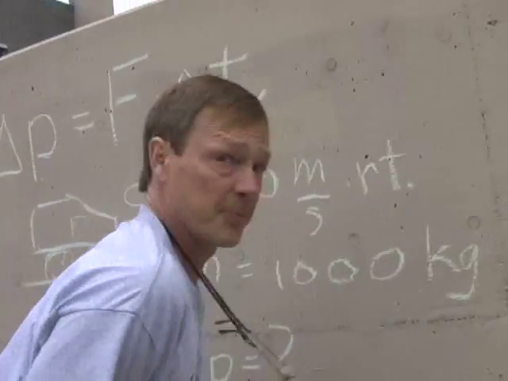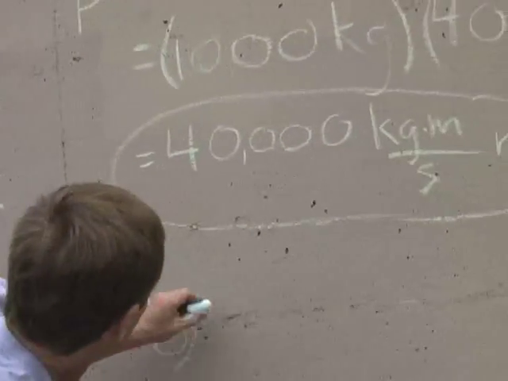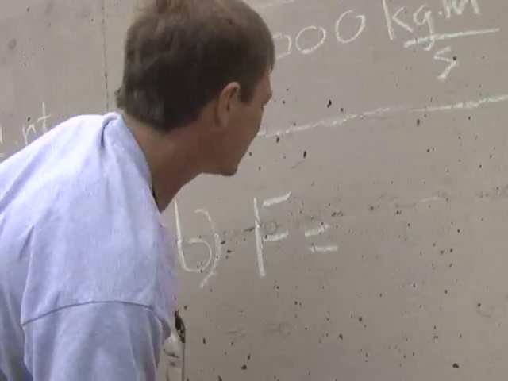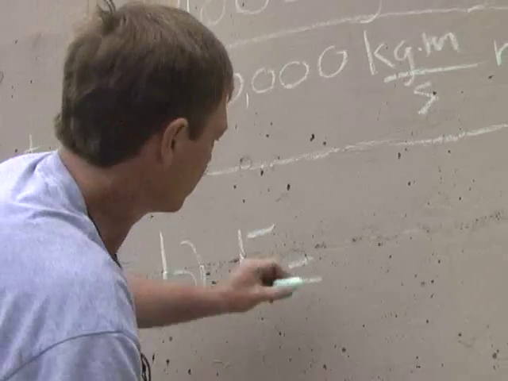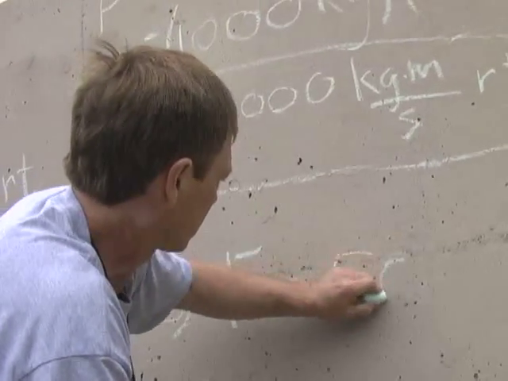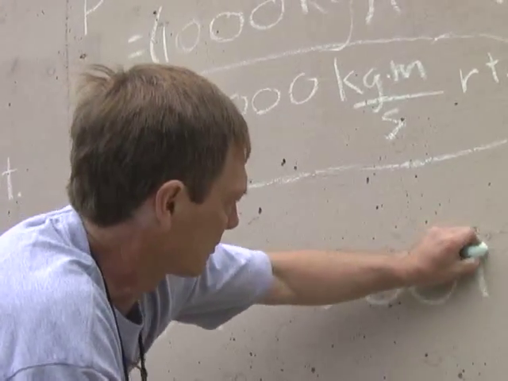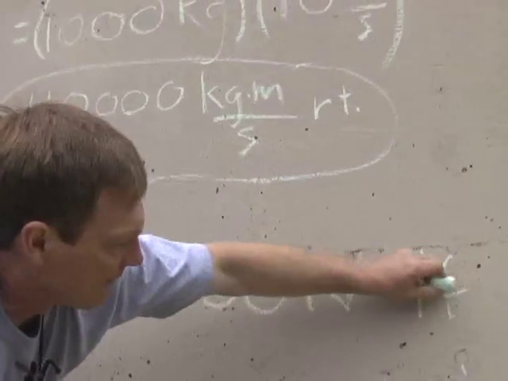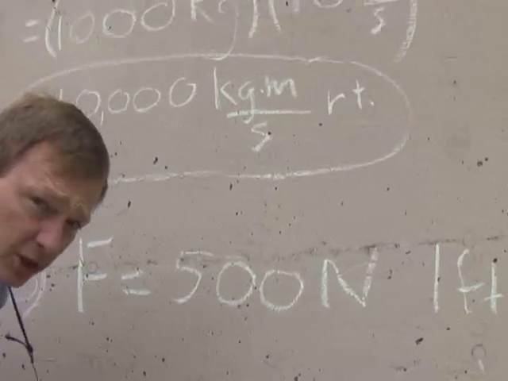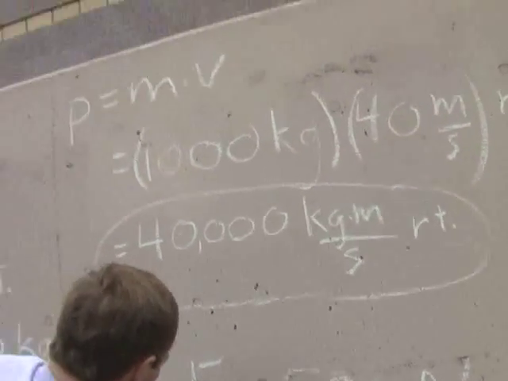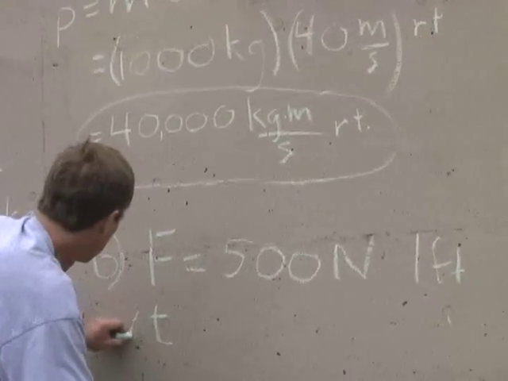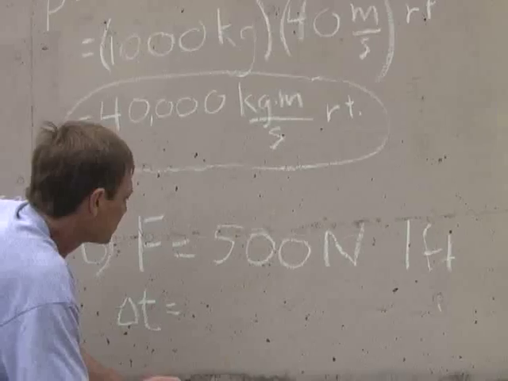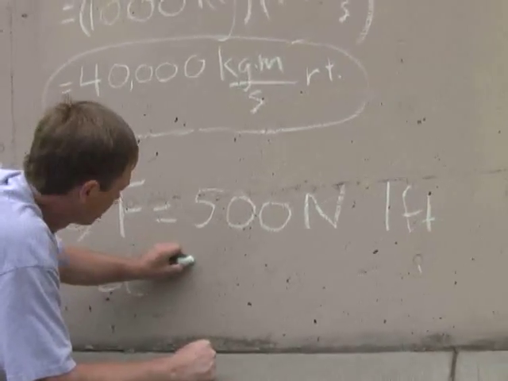And she pushes with a force of, let's say, 500 newtons to the left, I'll call it LFT. And Supergirl's pushing with that 500 newtons to the left, and she does it for an elapsed time of 30 seconds.